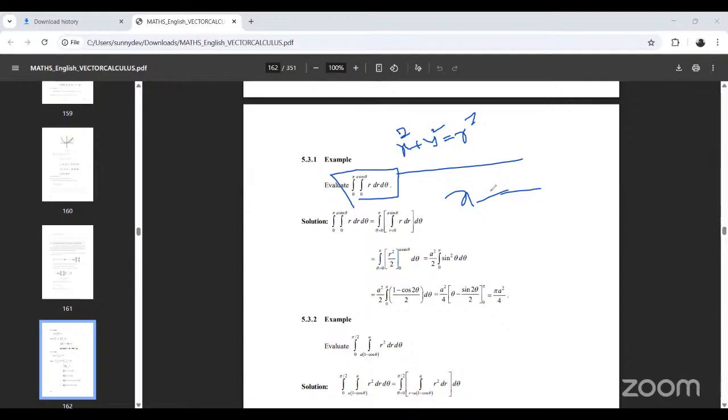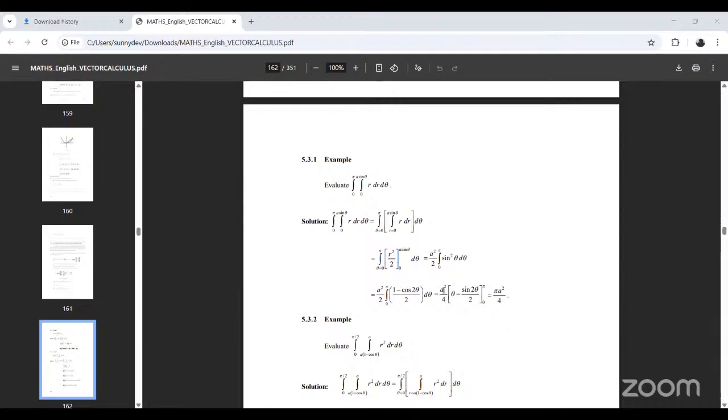Here, this is the circle equation. For the circle, x equal to r cos theta and y equal to r sin theta is the polar form. In the same way, here we have the polar form. If they give the curve in Cartesian form or polar form, how can we evaluate the double integration? So that is here.